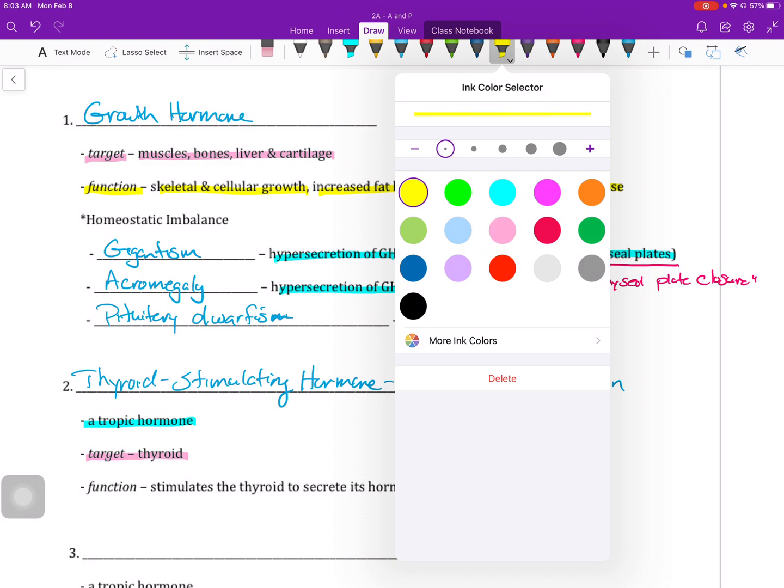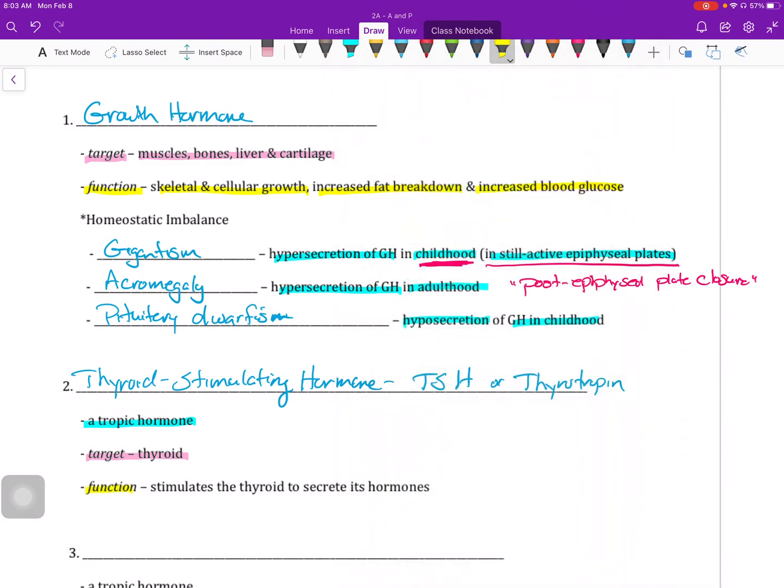Its function is to stimulate the thyroid gland to secrete its hormones. So that's that quote unquote, guys, boss-employee relationship. The anterior pituitary secretes TSH, which then tells the thyroid gland to produce its hormones.